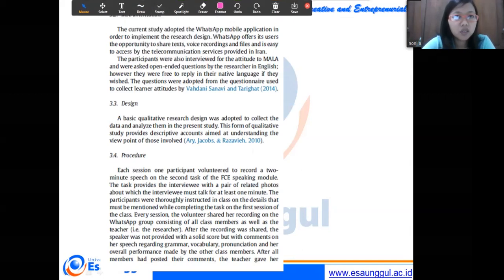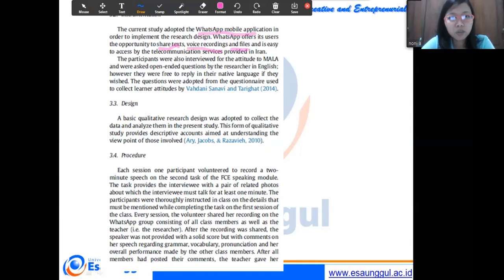In this research, the researchers use the WhatsApp mobile application, and in WhatsApp, the students share text, their voice recording, and files. So this is one of the data collection instruments: the files, the data, the voice from the WhatsApp.